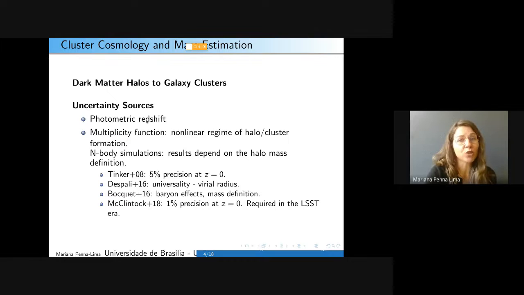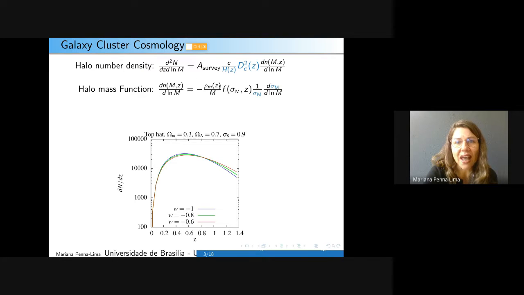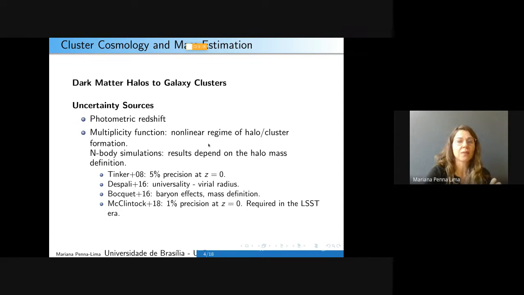Another quantity is the multiplicity function, this F here that I presented before. The multiplicity function describes the nonlinear regime of the halo or cluster formation.